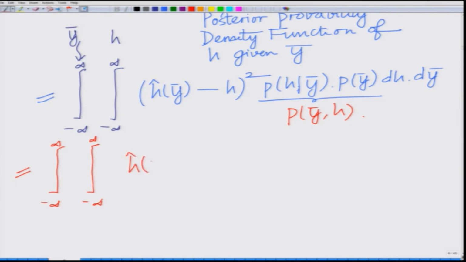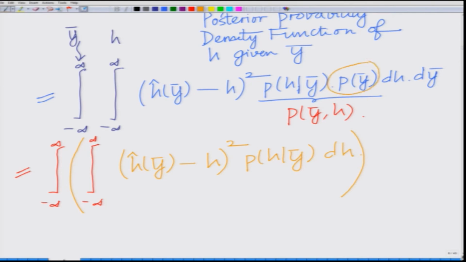That is going to be h hat of y bar minus h whole square P of h given y bar times d of h, correct. Now, I am going to take all the quantities with respect to y bar, because P of y bar depends only on y bar. I can remove it from the inner integral, which depends only on h.